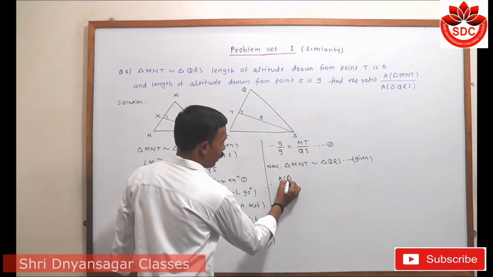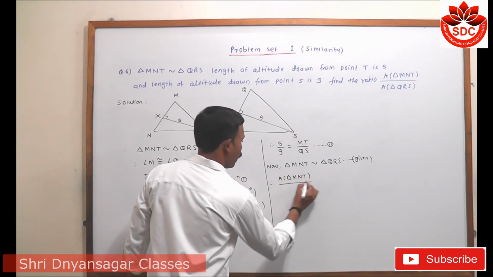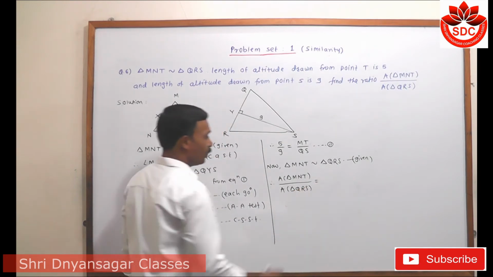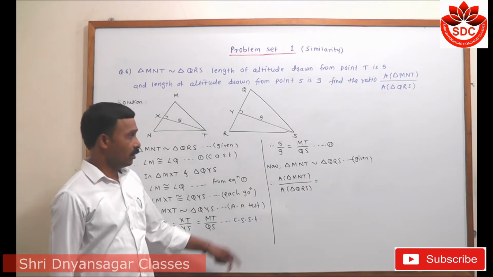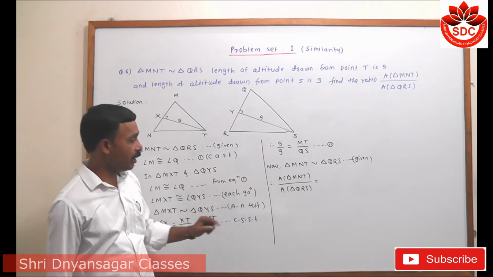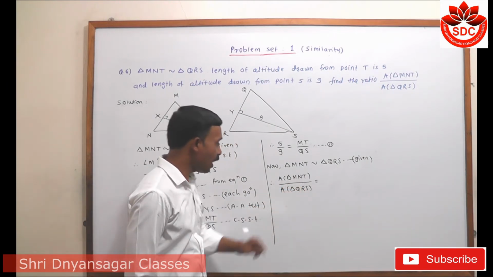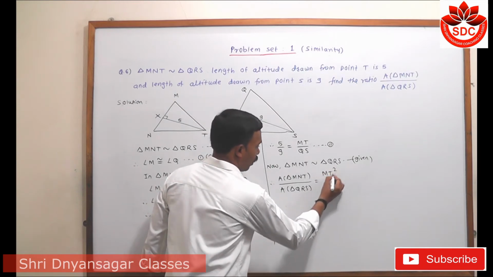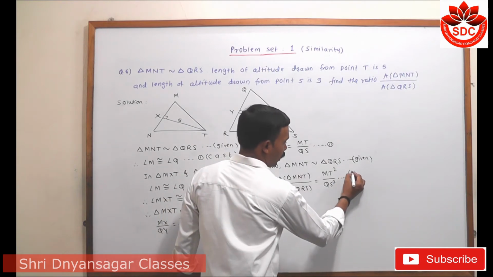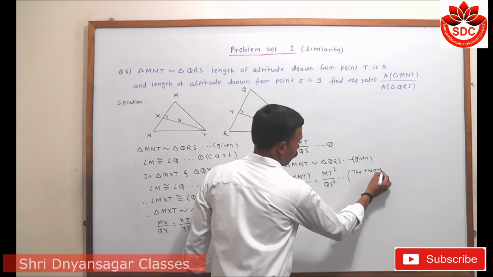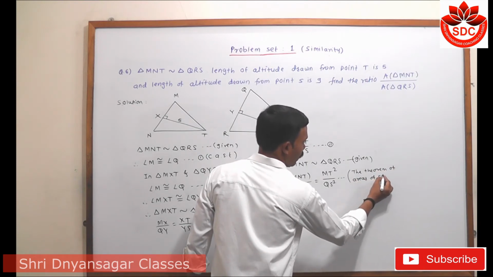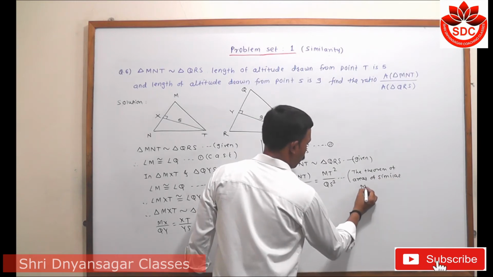Area of triangle MNT upon area of triangle QRS is equal to MT square upon QS square. The reason is by using the theorem of areas of similar triangles.